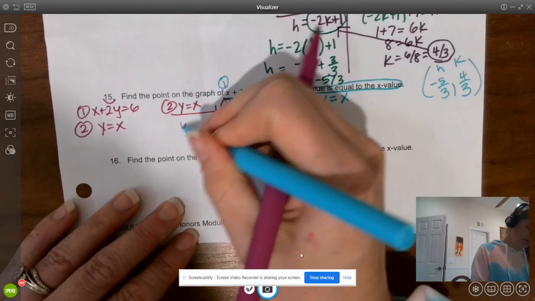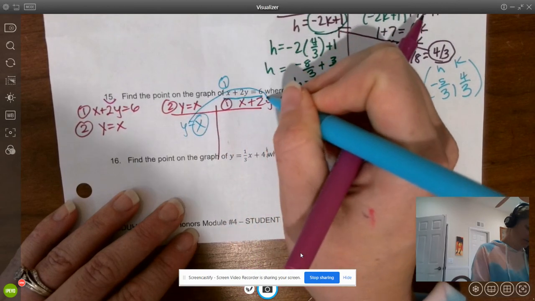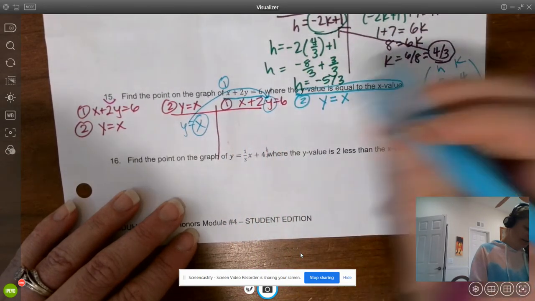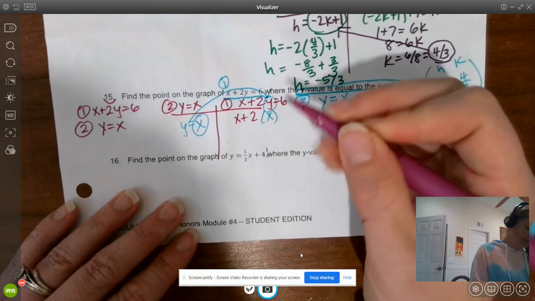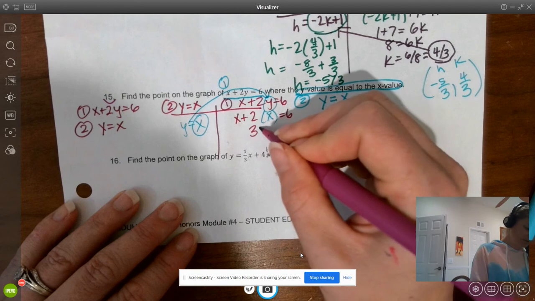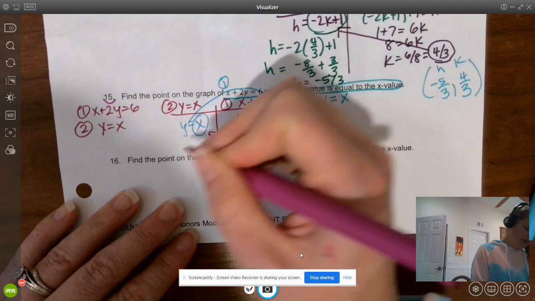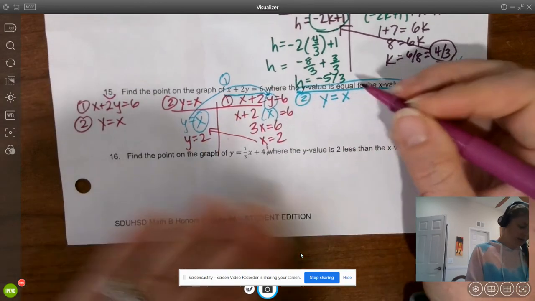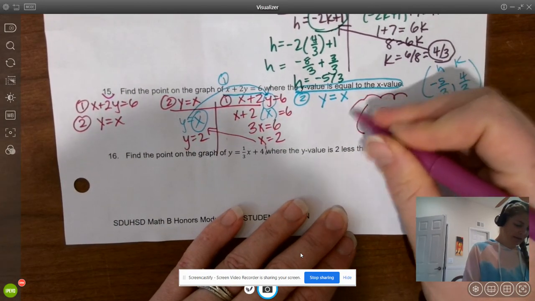So here we have y is equal to x. So I'm going to substitute this value in for the y. And we have x plus 2x is equal to 6, 3x is equal to 6, so x is equal to 2. Coming back up here, y is equal to 2. Write our answer as an ordered pair and give it some flair.